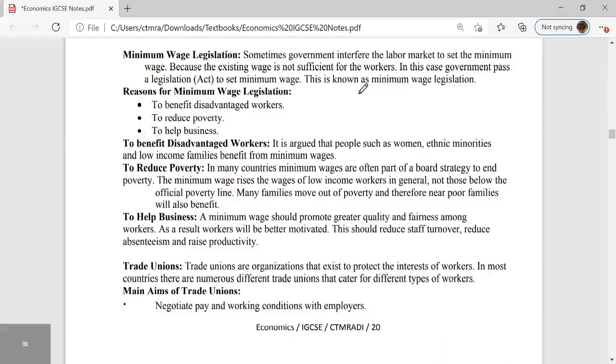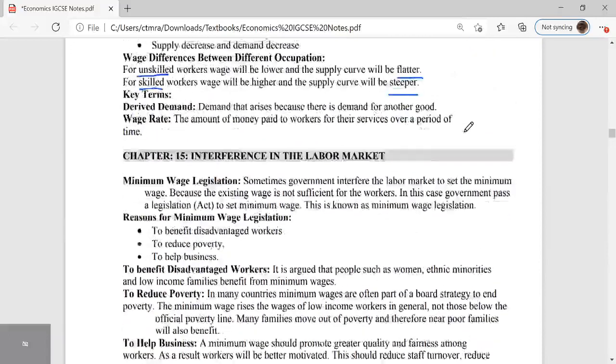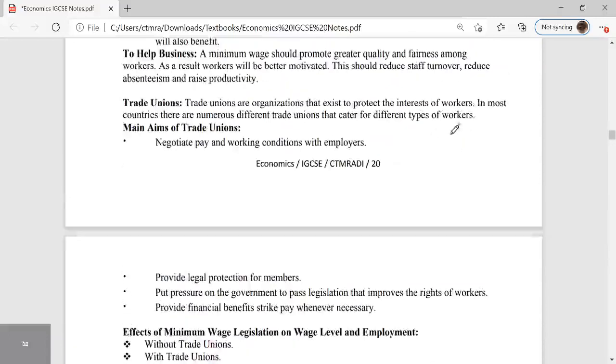So minimum wage is basically a wage rate which is above the equilibrium wage rate. Let's see, let's draw it here.